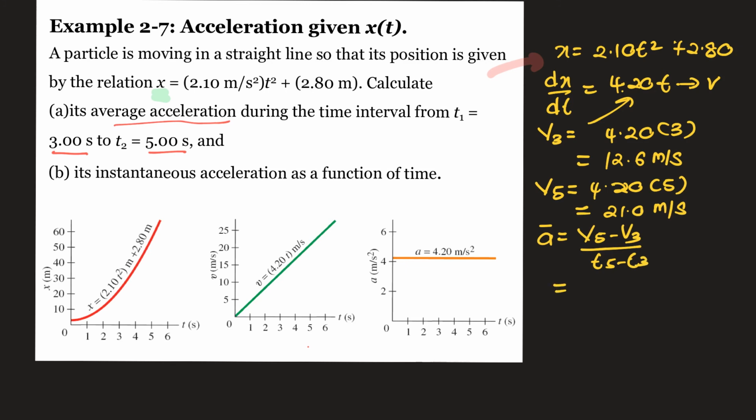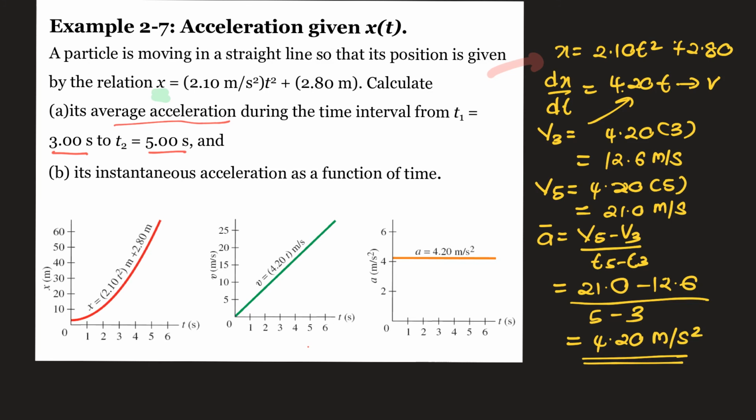So 21.0 minus 12.6 over 5 minus 3, and you are going to get 4.20 meter per second square. That's how you do it.